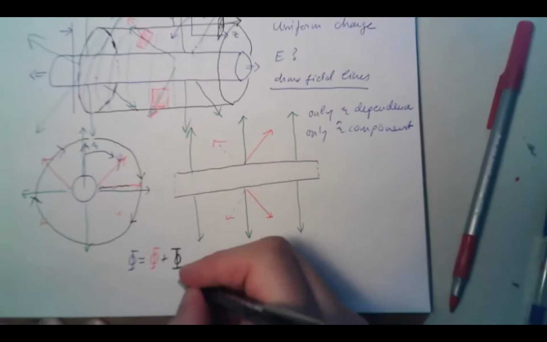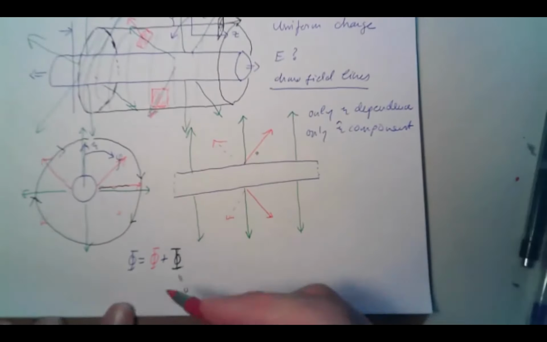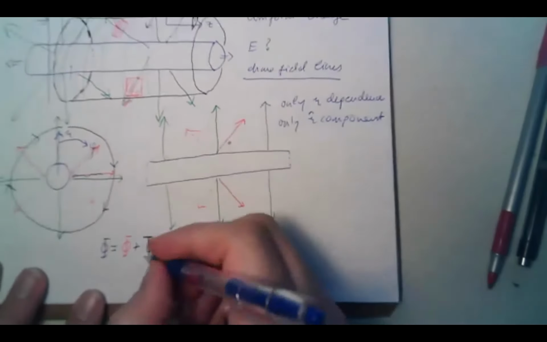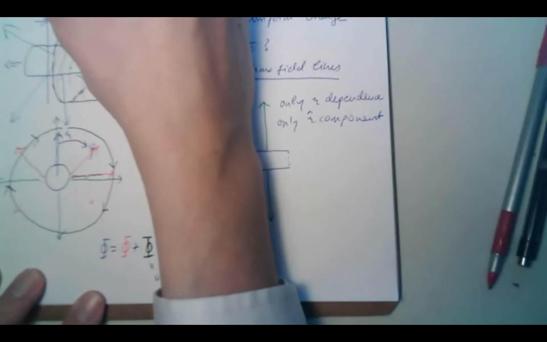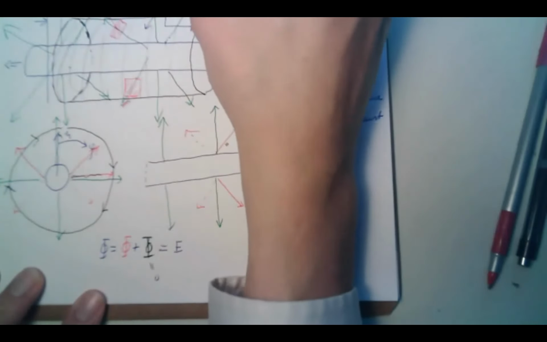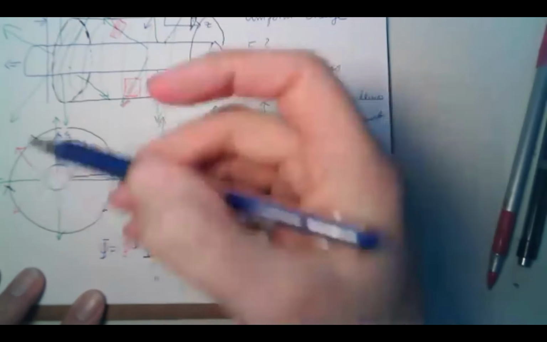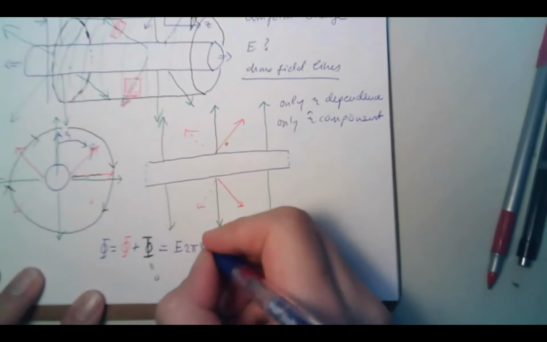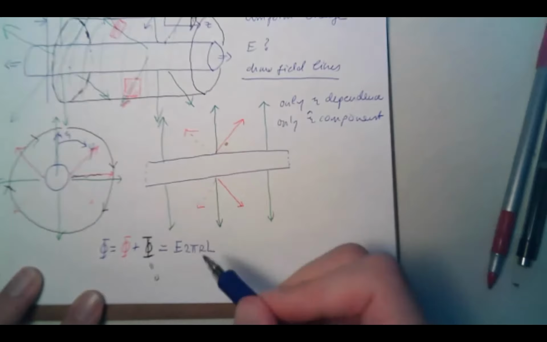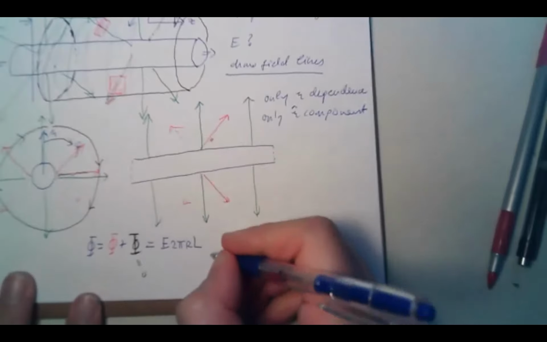So this flux is 0. The red flux is all we've got. All right, so that's going to be E times whatever the surface area is. Okay, so let's call this a box of length L. And we already have an R. So the surface area of this is L times 2 pi R. So 2 pi R L. So that's the flux side of Gauss's law.